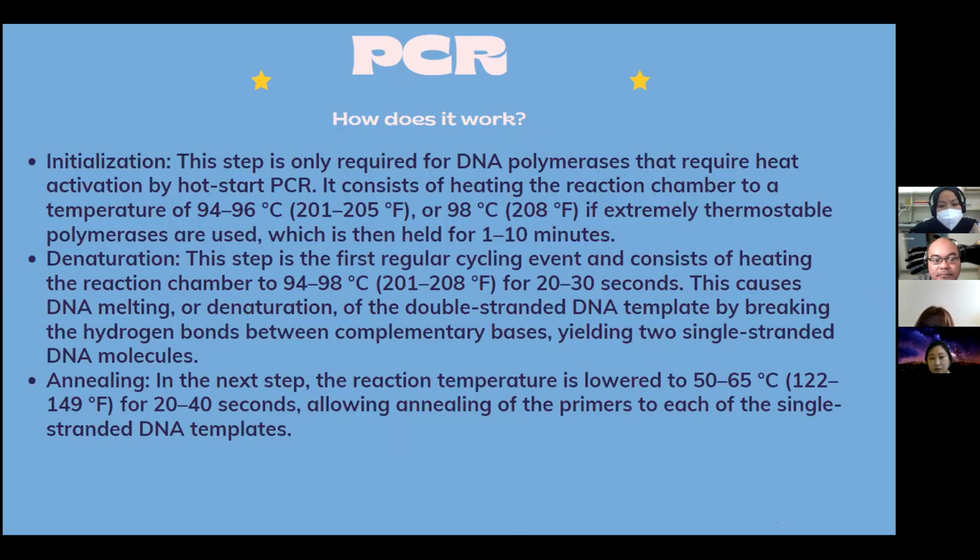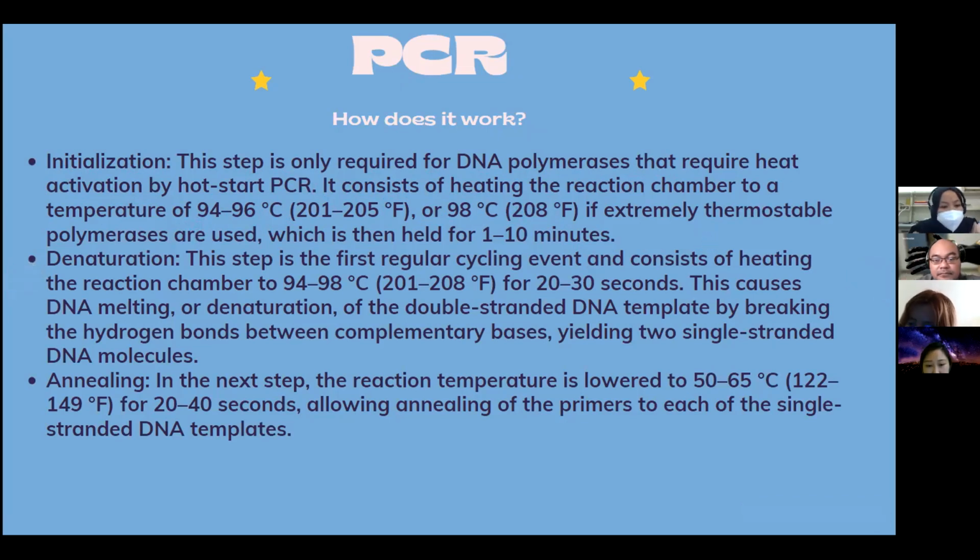So, the first step in PCR is initialization, which requires a heat activated by hot start PCR. It consists of heating the reaction chamber to a temperature of 94 until 96 Celsius or 98 Celsius. Extremely thermostable polymerases are used, which is then held for 1 until 10 minutes.